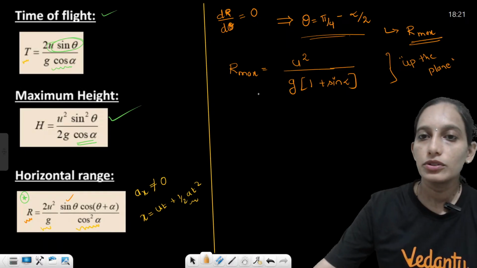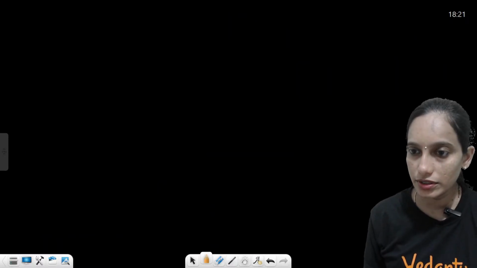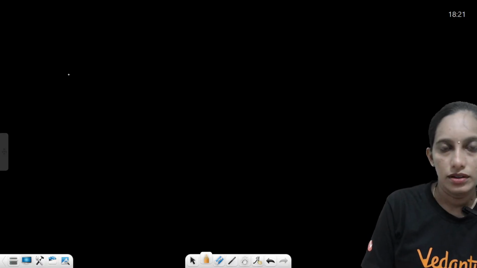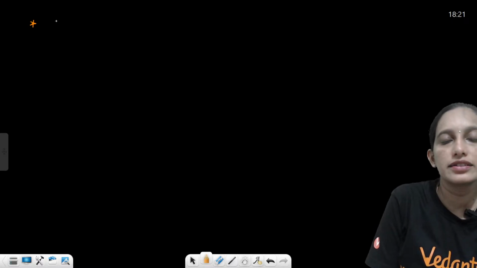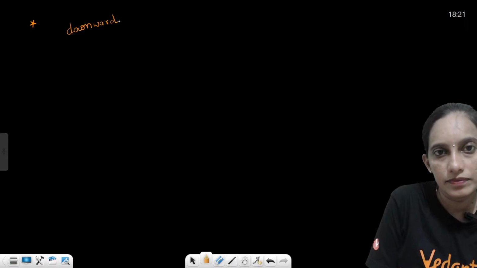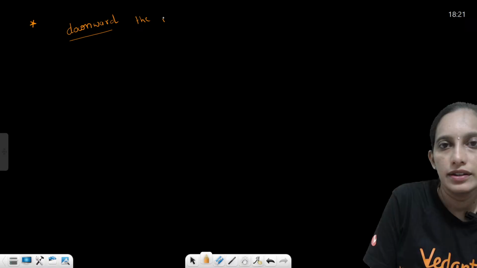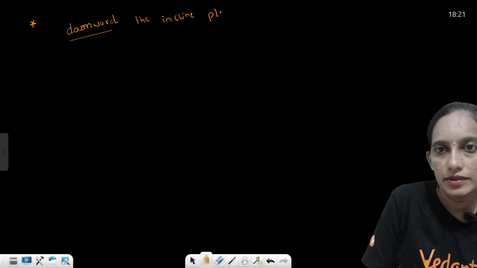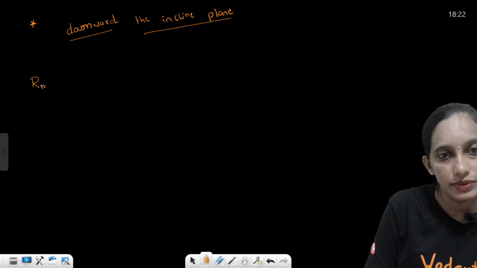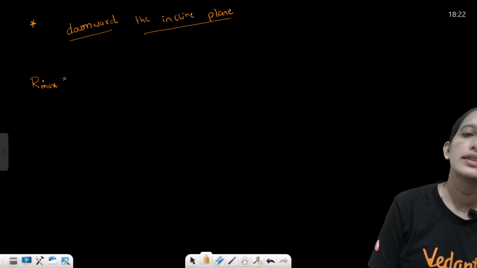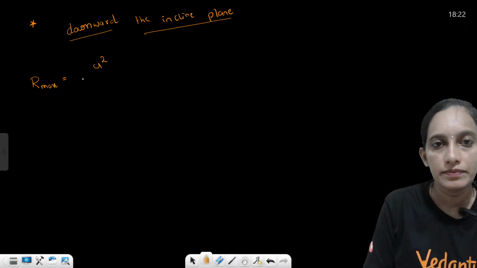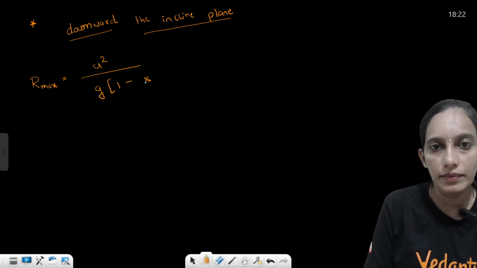Okay, so there is one more I can give. I'll just write here. If the motion of the projectile is down the inclined plane, I'll just say downward, then there is a slight change, so the R max value changes. The maximum range will be simply equal to u square by g into 1 minus sin alpha.